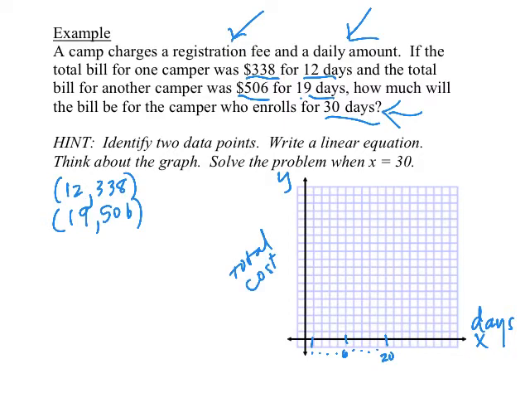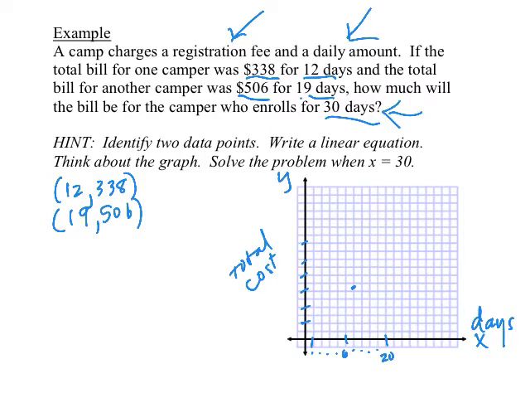And for costs, maybe I'll go up by 100. Let's see, 100, 200, 300, 400, 500, 600. So 12 days, that's right here, is 338. So 1, 2, 3, about right there.